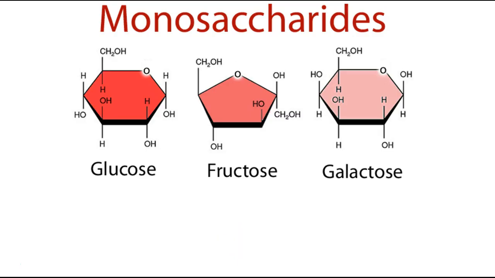If you recall from the last video, we talked about monosaccharides being the monomer of carbohydrates. Remember, a monomer is a single subunit which is put together in repeated fashion to make a polymer, which in carbohydrates' case is a polysaccharide. There are three specific monosaccharides that the IB syllabus has deemed important for you to know: glucose, fructose, and galactose.